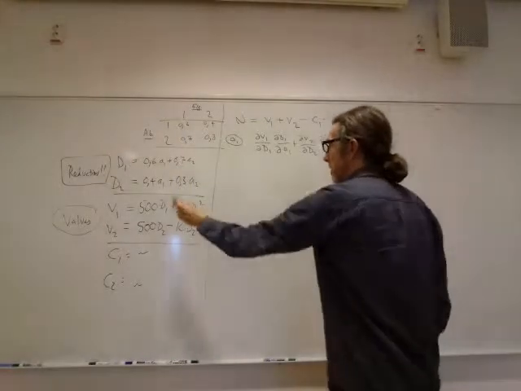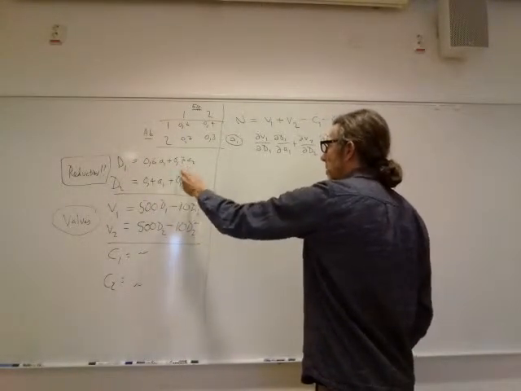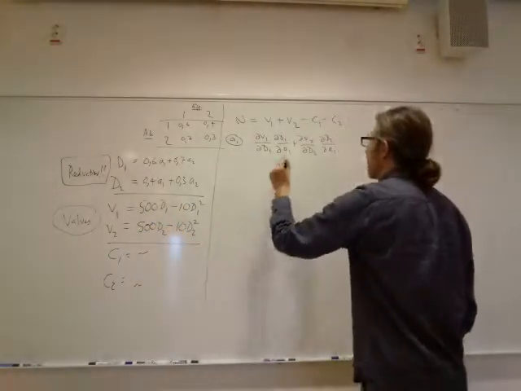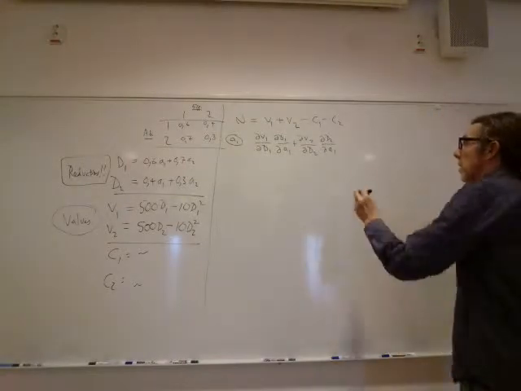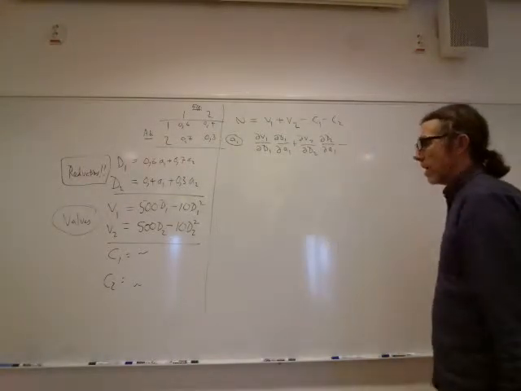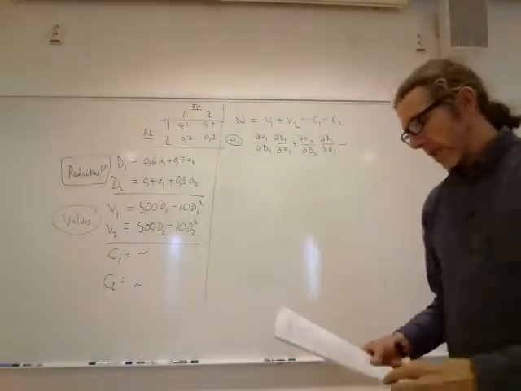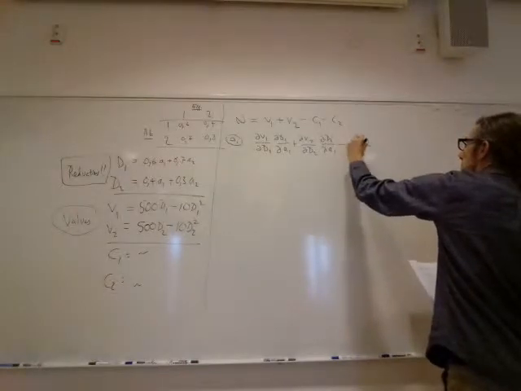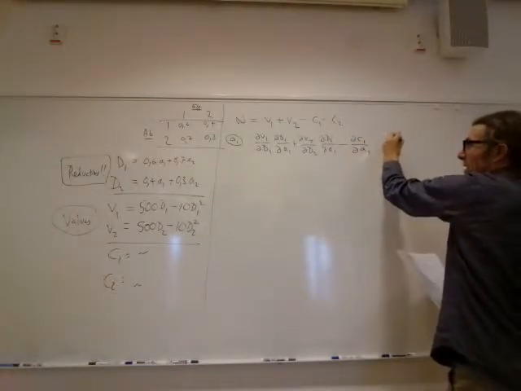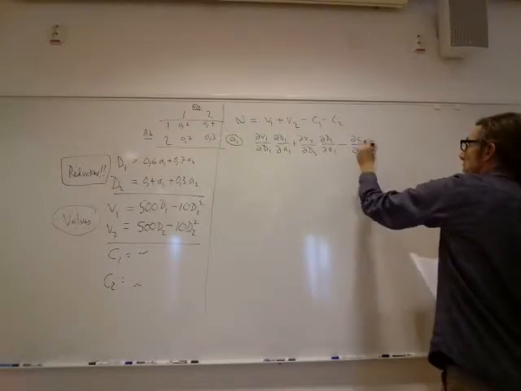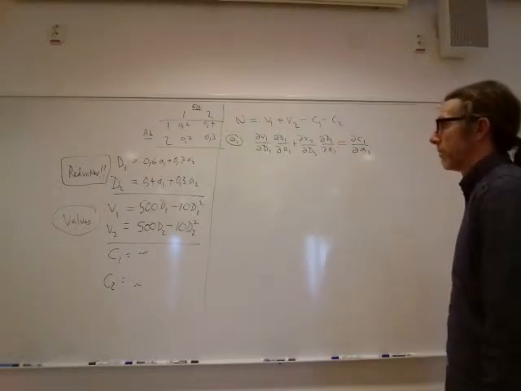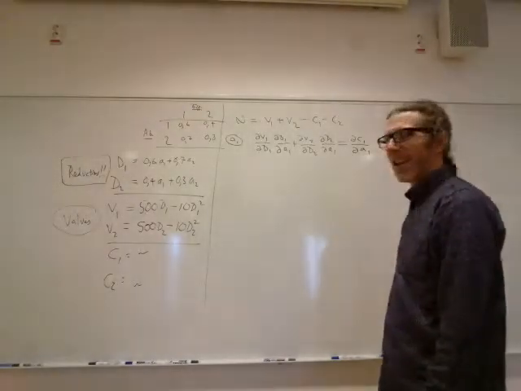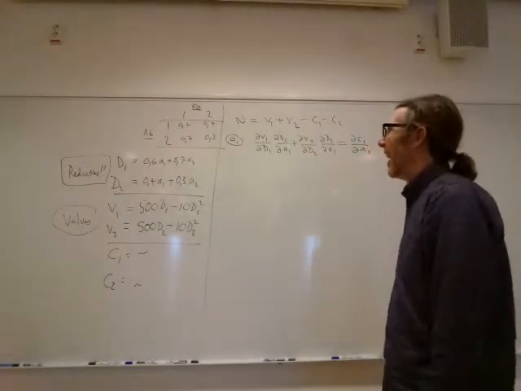You could also imagine dV1 dD2 dD2 dA1 and so on, but dV1 by dD2 is 0. dV2 by dD1 is also 0, so we don't need to bother with those. Minus dC1 dA1, and dC2 dA1 is also 0, equals 0, so we can write it like that. I'm getting a bit tired. I've been at this all day.